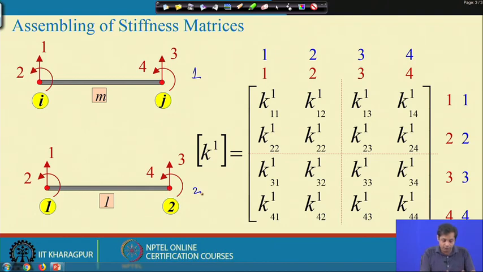For member number 1, the global numbering and this idealized numbering are the same. This will be clearer when we see member number 2.